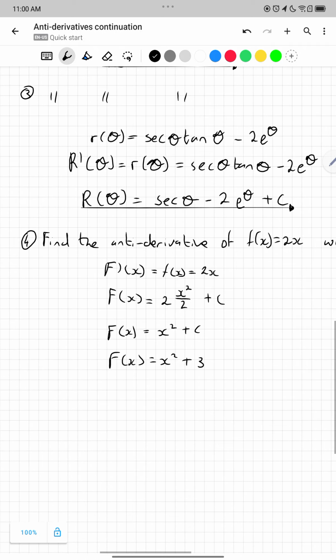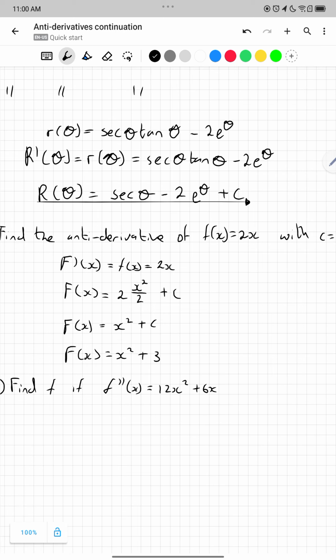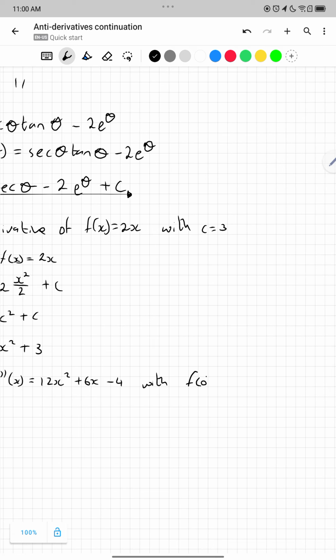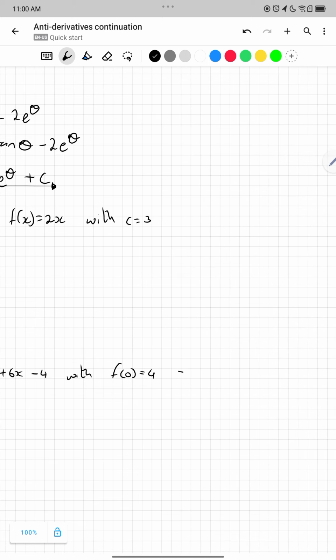Then question 5. We have find f, lowercase f, if f double prime of x is equals to 12x squared plus 6x minus 4 with f of 0 is equals to 4 and f of 1 is equals to 1.